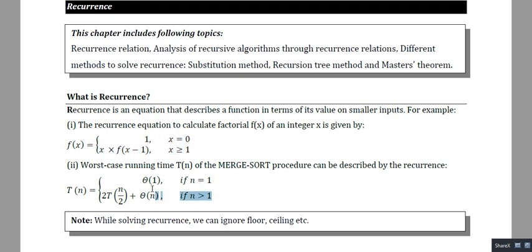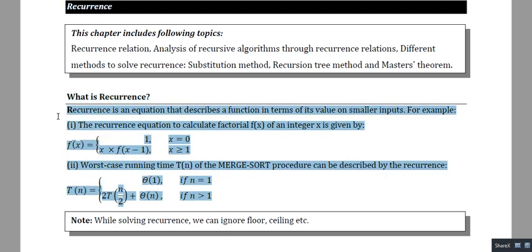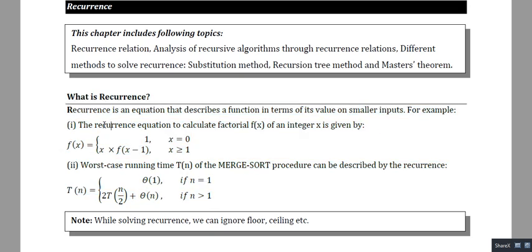Now in this chapter we will see how to write a recurrence relation for a given algorithm, and then how to solve those recurrences.